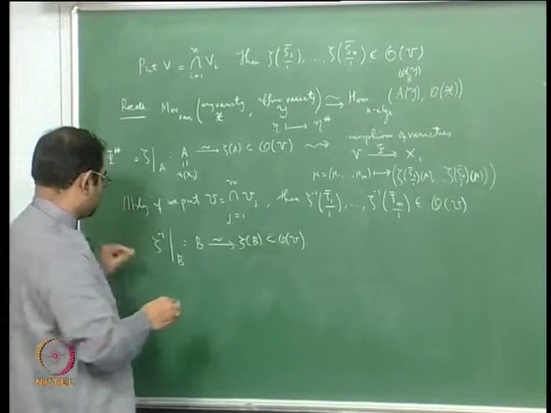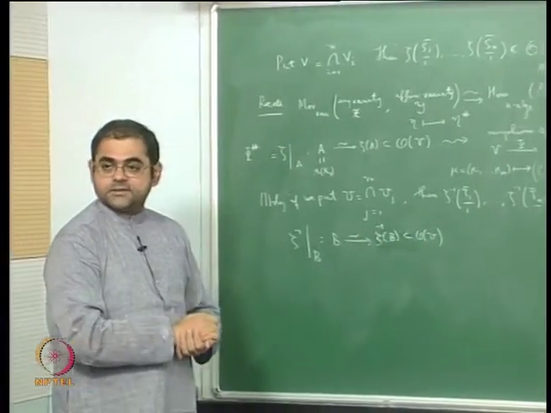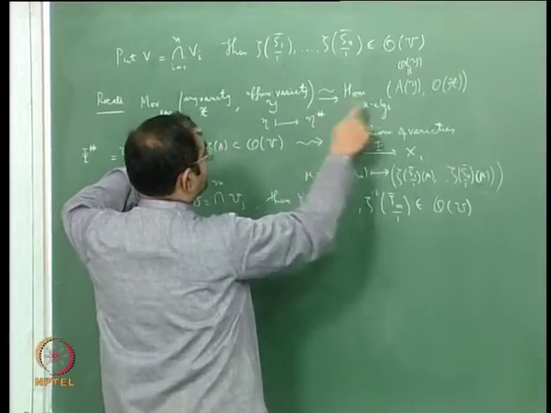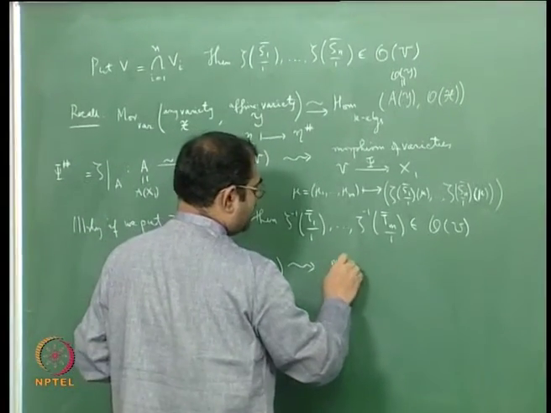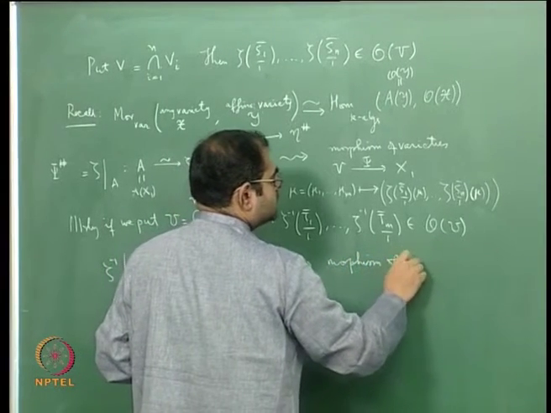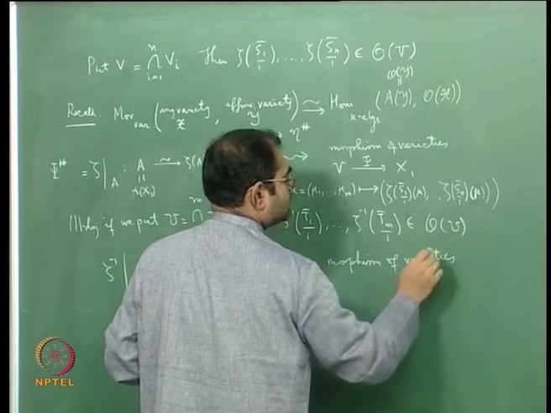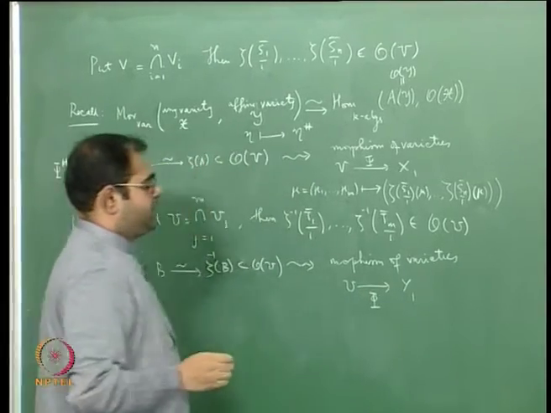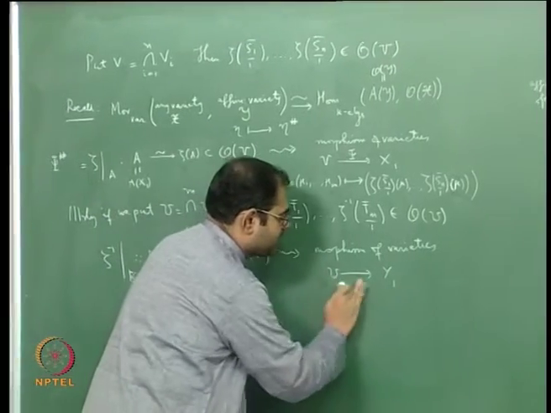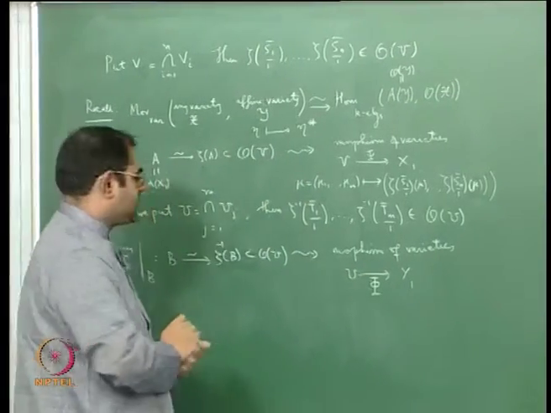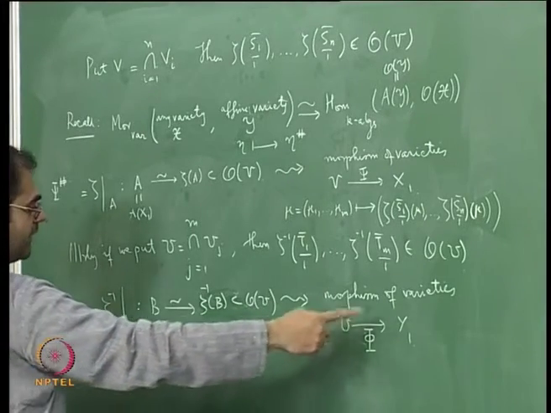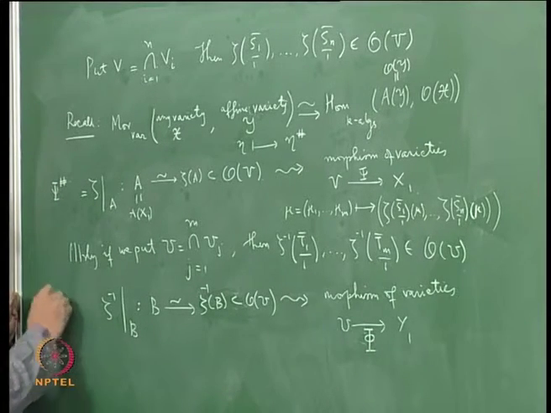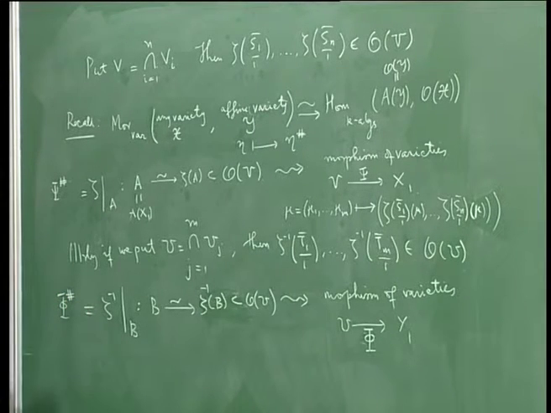So zeta inverse B goes into OU, alright, and again by this yoga you are going to get a morphism of varieties from U to Y1 given by some, let me call it capital Phi, like this, such that when you take this morphism and take the pullback of regular functions, you get phi hash, and this phi hash is actually equal to zeta inverse, alright.